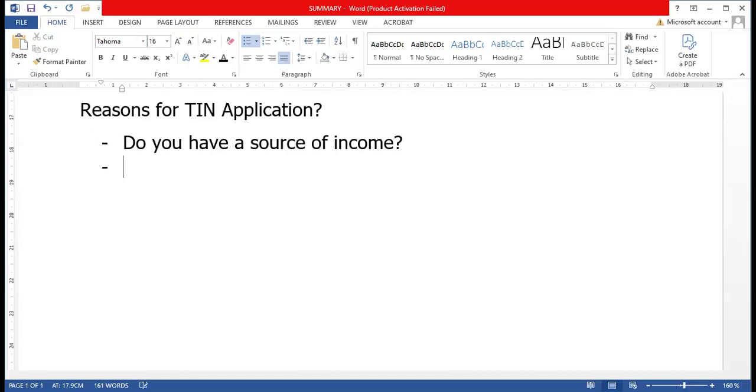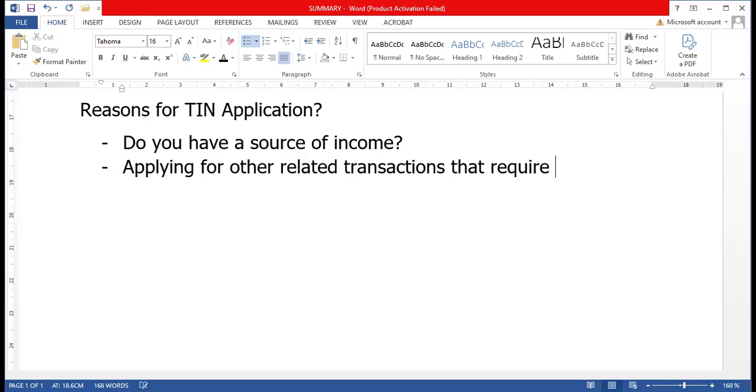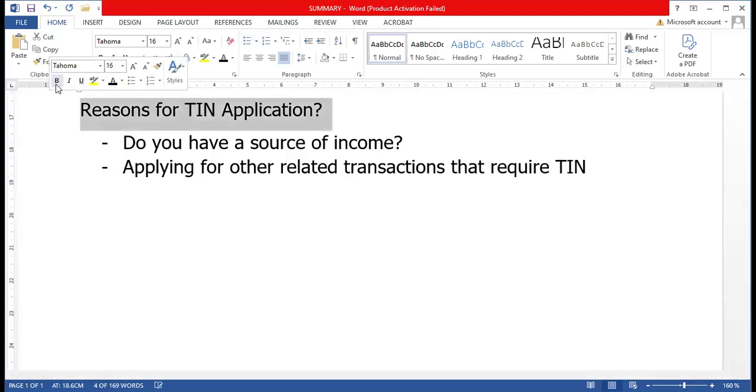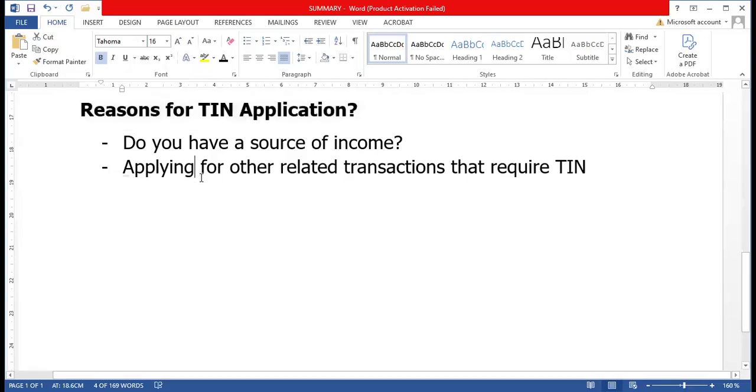Or you're just applying for other related transactions that require a TIN. Okay, at least you must have the reason why you need a TIN.